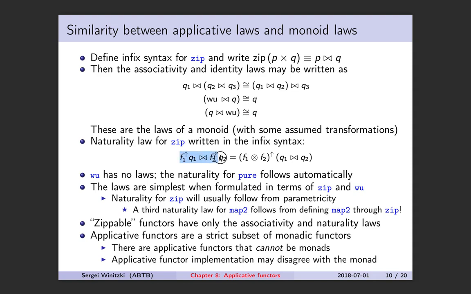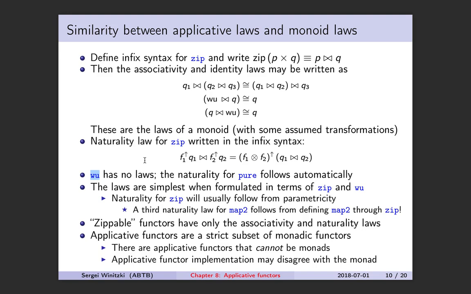Naturality law is written like this. So you can lift F, act it on Q1, lift F2, act it on Q2. It's the same as if you lifted this and acted it on the zip. Now the wrapped unit has no laws at all. It's just a fixed value of type F1, F of unit.